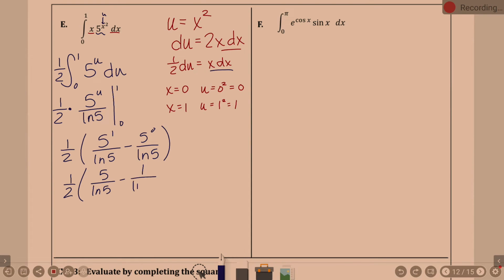I taught my dad that. My dad had no clue that was a thing when I was doing the calc the other day. 5 over natural log of 5 minus 1 over natural log of 5 is all going to be 4 over natural log of 5? Because that was a common denominator thing, yes? Final answer.